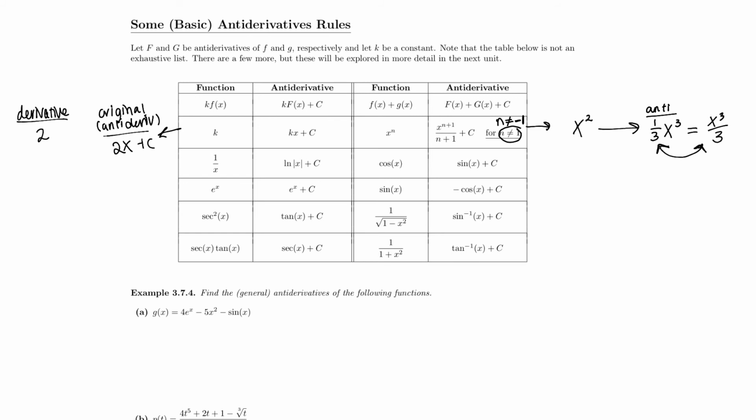So what this is saying is when you're taking the antiderivative of some power rule type situation, you add 1 to the exponent, and then you divide by that same number. So x cubed over 3 starts from x squared because you're adding 1 to the exponent and then dividing by the same number. But you can write it as 1/3 x cubed, or you can write it as x cubed over 3. They're different notations, but the same concept.